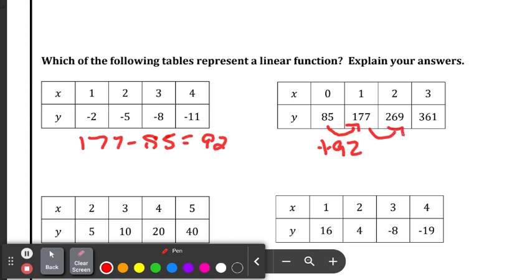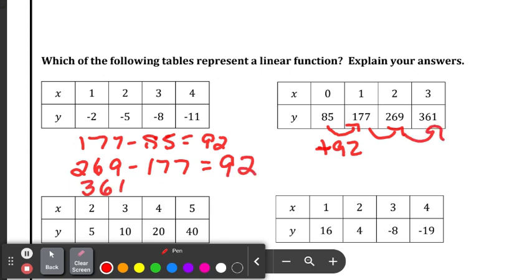You could do 177 plus 92, see if you get 269, or you could do 269 minus 177 equals 92. Same thing here. 361 minus 269 gives you 92.